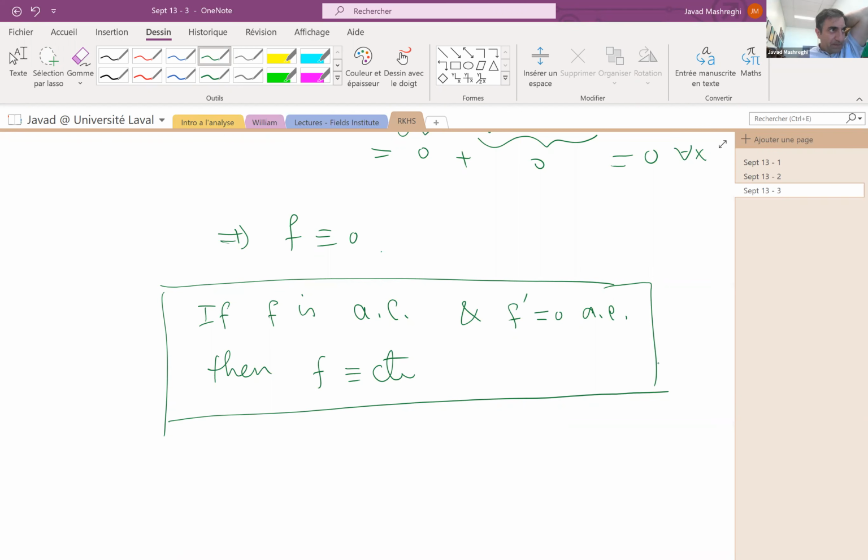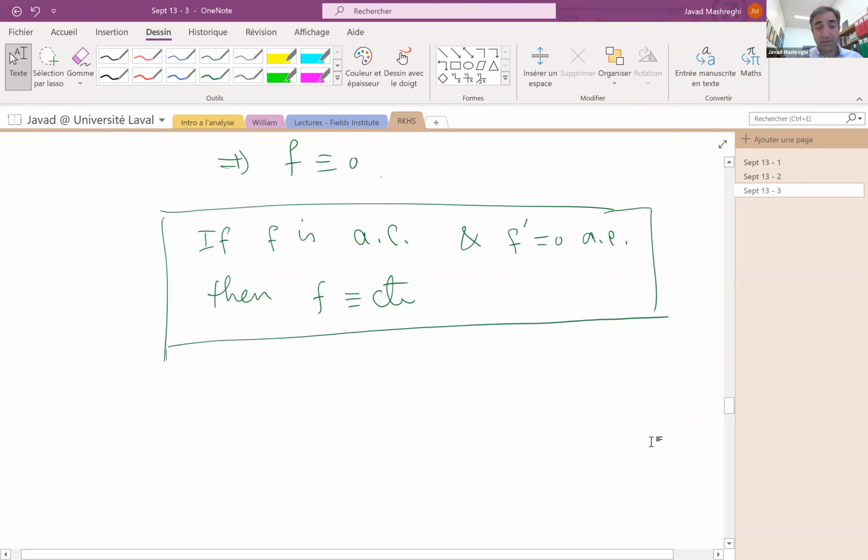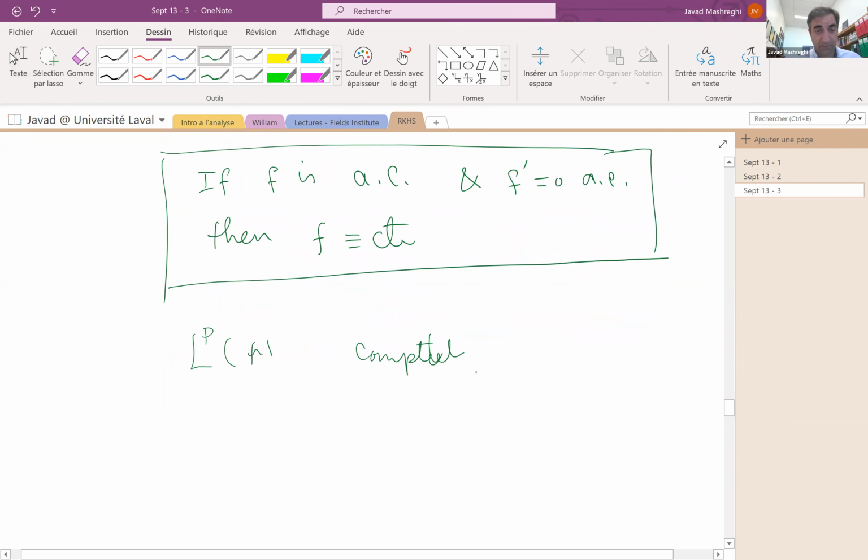And what remains? Completeness. Completeness is almost for free, and that's a gift from Lebesgue. As I mentioned earlier, one of the greatest achievements of Lebesgue was to define L^p spaces, and they are complete. What does this mean?